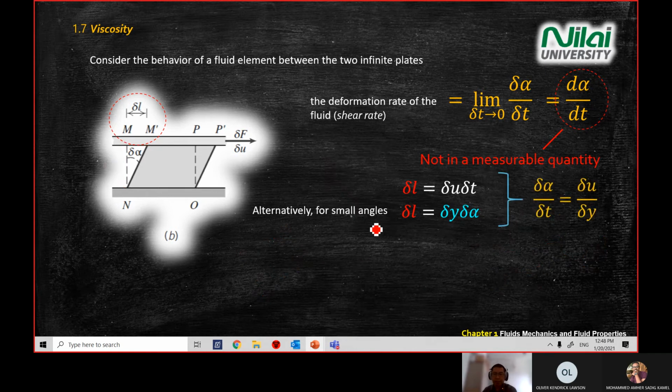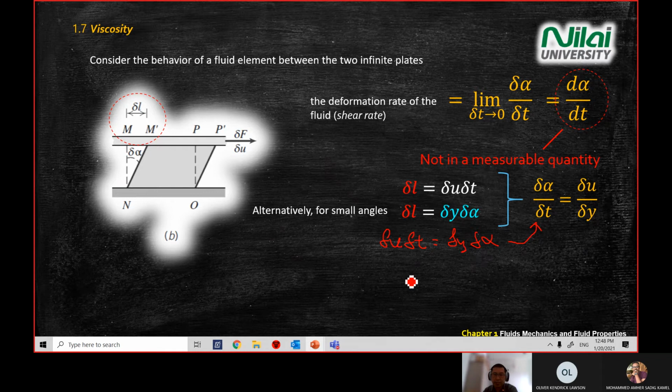Okay, then we rewrite in the terms that we want. Because these two are the same, the first equation gives you a del L and the second equation gives you del L also. So you put these two together. Then you rearrange in terms of del alpha over del t equal to del u over del y.